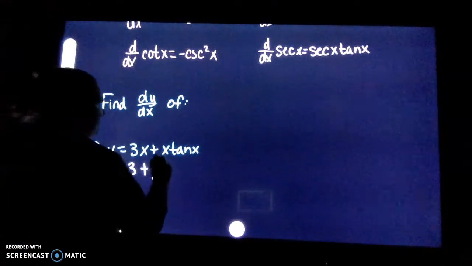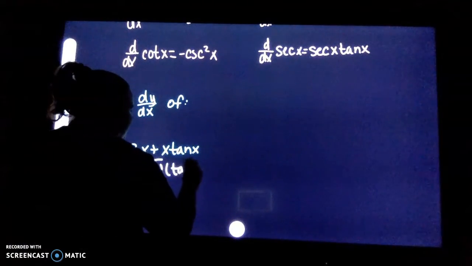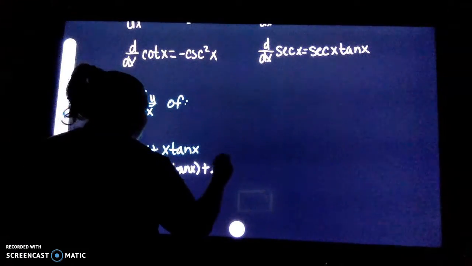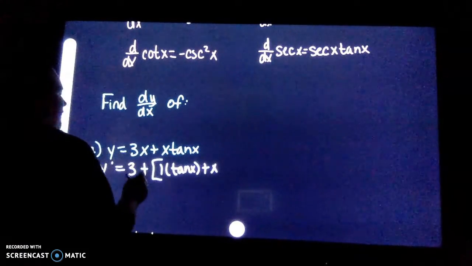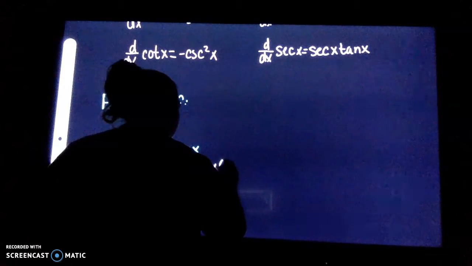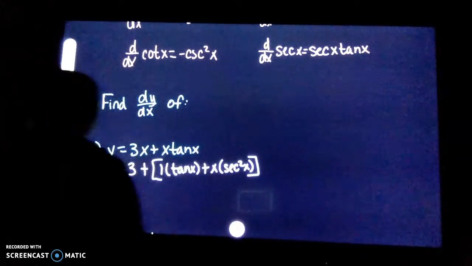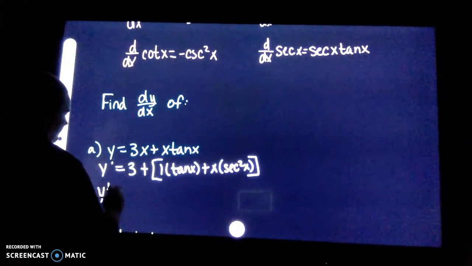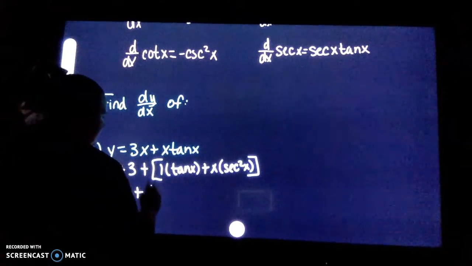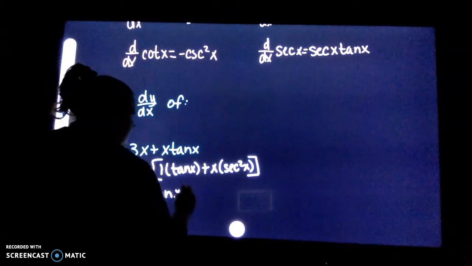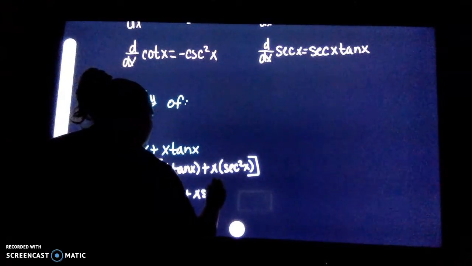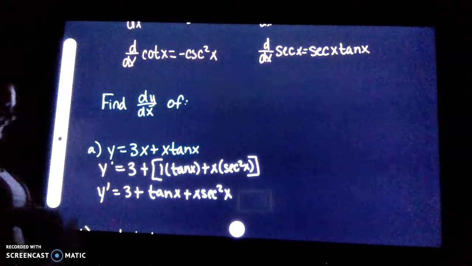Derivative of the first term is 1 times the original second term, plus the original first term, times the derivative of my second term. From here I can just go ahead and simplify. I get 3 plus tangent x plus x secant squared x, and that's it.